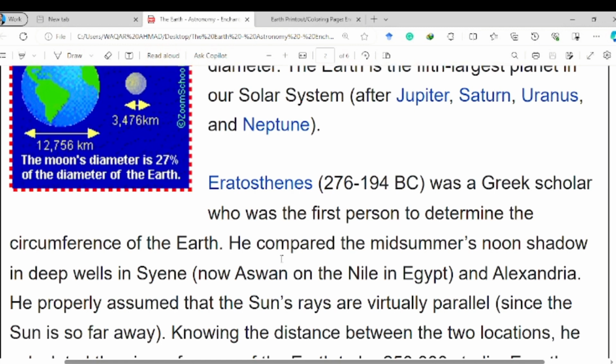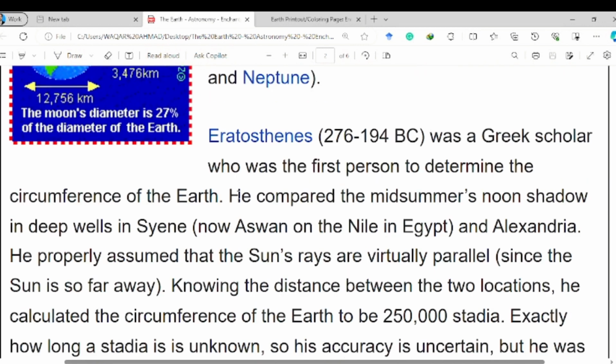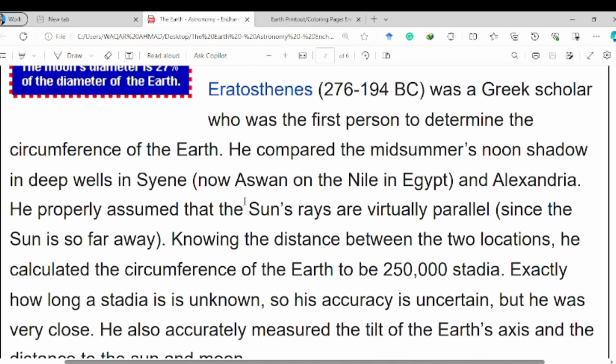What procedure did he use? He compared the midsummer noon shadow and deep wells in Syene and Alexandria. He probably assumed that the sun's rays are parallel, since the sun is so far away. This is the particular procedure he used at that time.